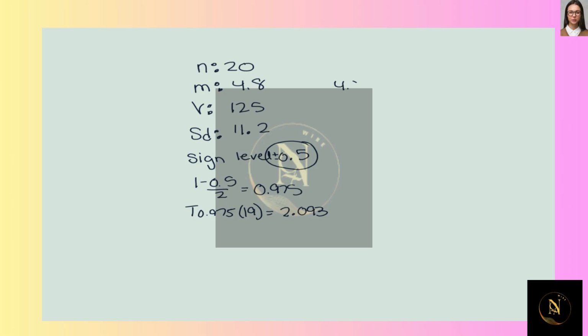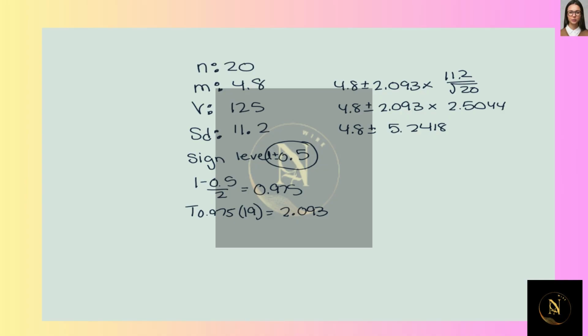So you're going to take 4.8, plus or minus 2.093 times your standard deviation of 11.2 divided by the square root of 20. So then you have 4.8 plus or minus 2.093 times 2.5044, and then you have 4.8 plus or minus 5.2418.